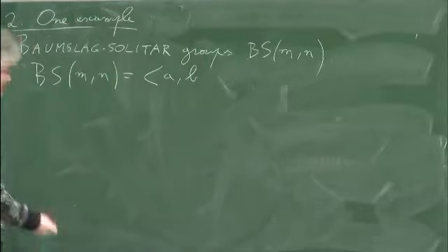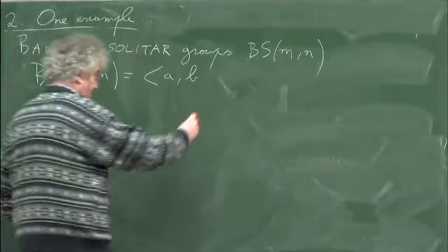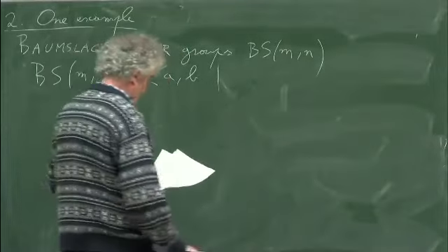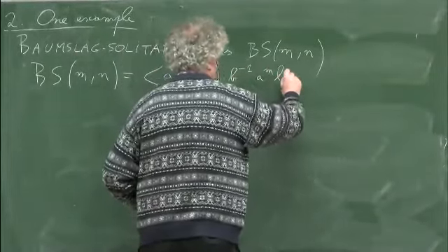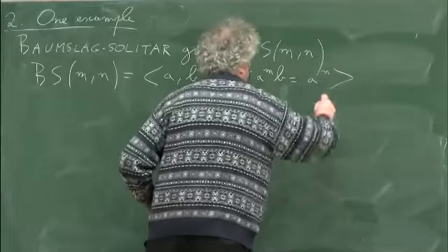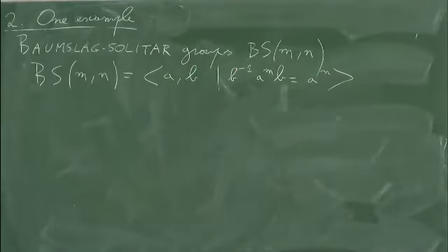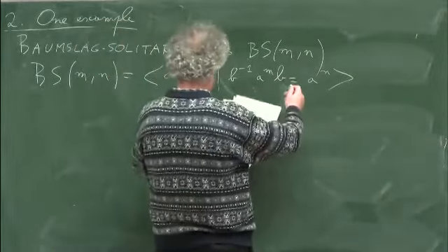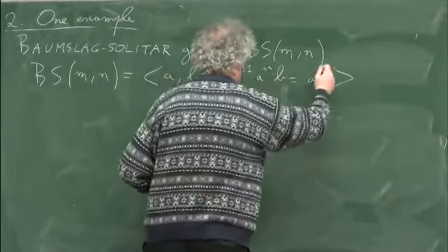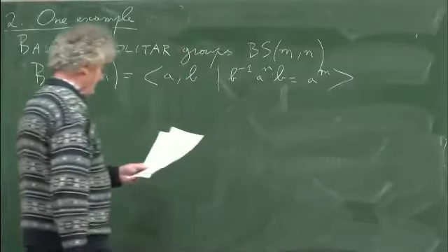Namely, these are groups with two generators, a and b, subject to one relation, which is b inverse a^m b equals a^n. Namely, b conjugates a^m into a^n. Did I say it right? I think I got it wrong. Well, a^n, a^m this way.